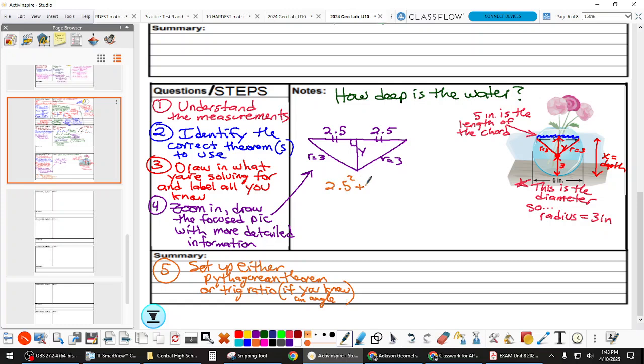2.5 squared plus y squared equals 3 squared. And can you do 2.5 squared, excuse me? Thanks.